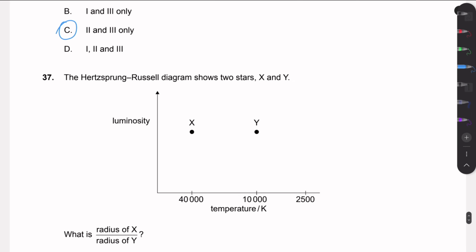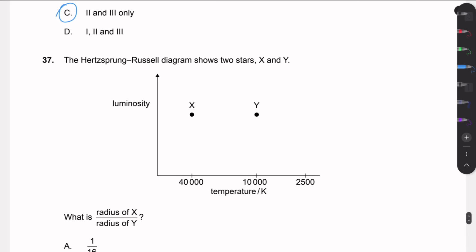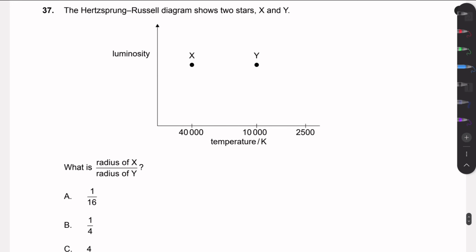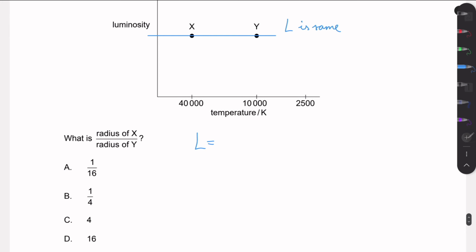In question 37, we're given an HR diagram of x and y. What is the radius of x divided by the radius of y? So we see that they're on a horizontal line, so L is the same for both. And we know that the luminosity is just sigma A T to the fourth, where A is the surface area of the star.